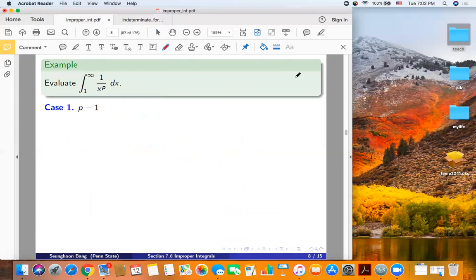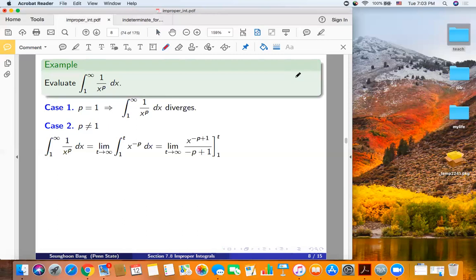In case 1, p equals 1, we already have it: divergent from the previous example. Case 2, p is not equal to 1. How can you calculate it? You can change it to a limit and definite integral: limit as t approaches infinity of the integral from 1 to t of x to the power minus p dx.